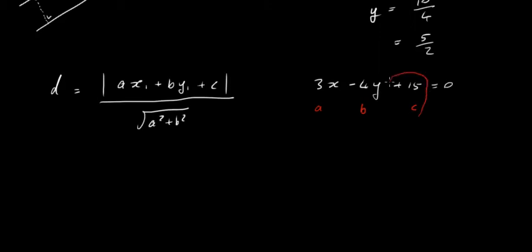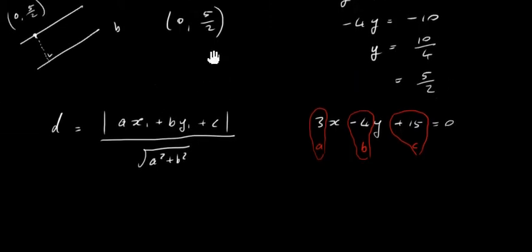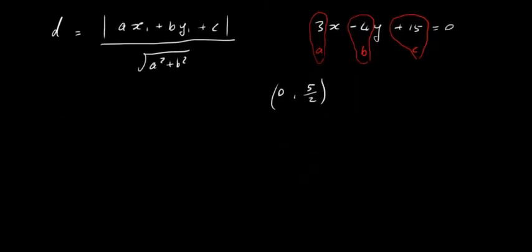And our point, what was our point again? It was 0, 5 over 2. So 0 will be x1 and 5 over 2 will be y1.